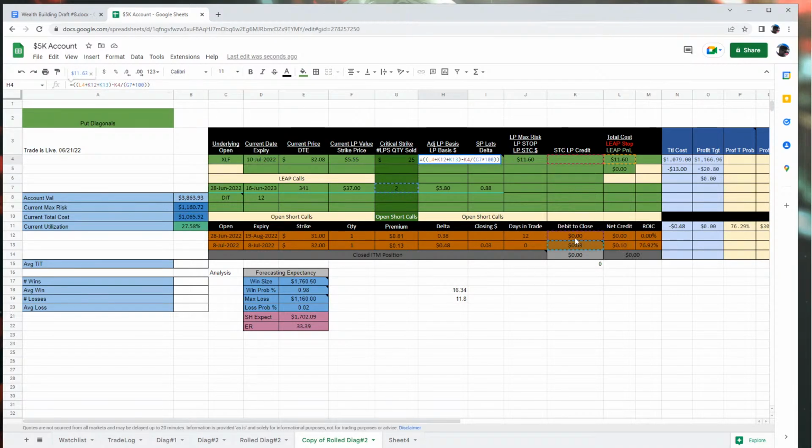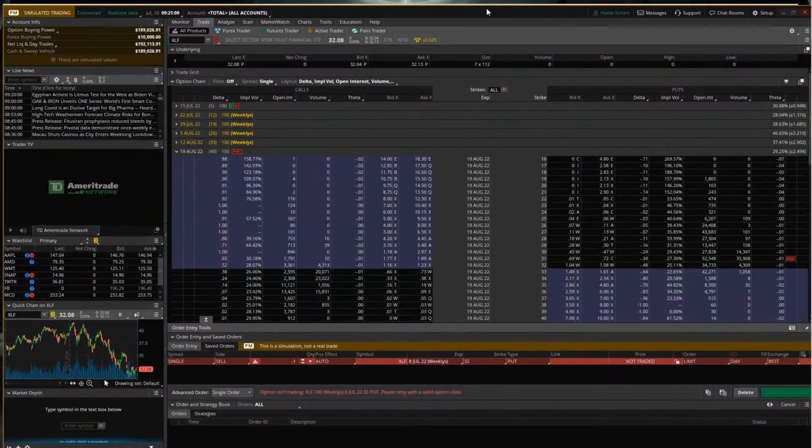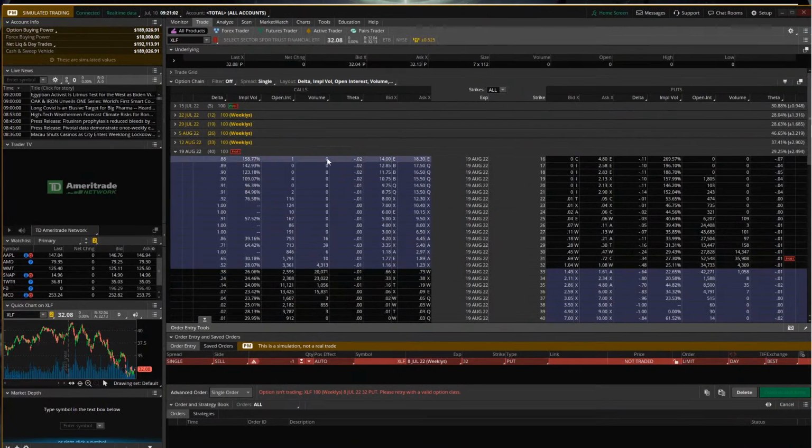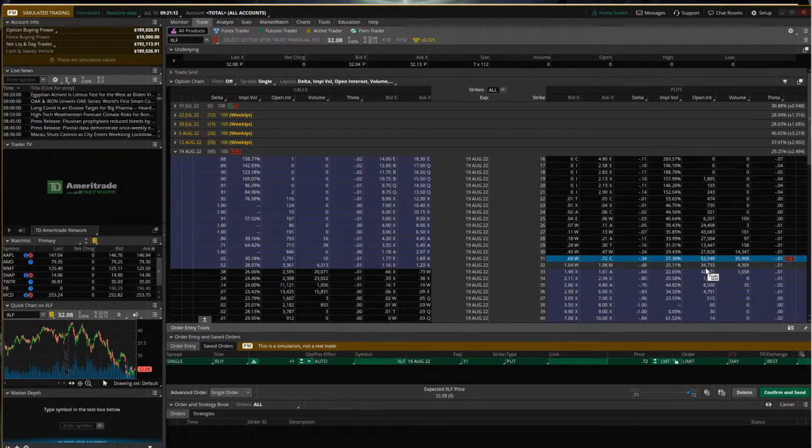And the debit to close right now on my 19 AUG position is 0, just because I'm not closing the position yet. If I wanted to get a good idea of what it was, I can go and check it out, and we can check it out together. Coming over here, you can see the position right here. If I wanted to buy to close, it would be 72 cents.